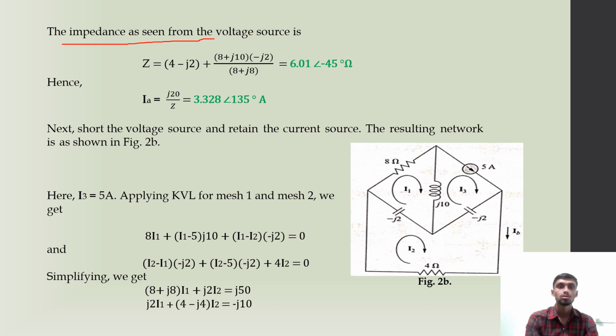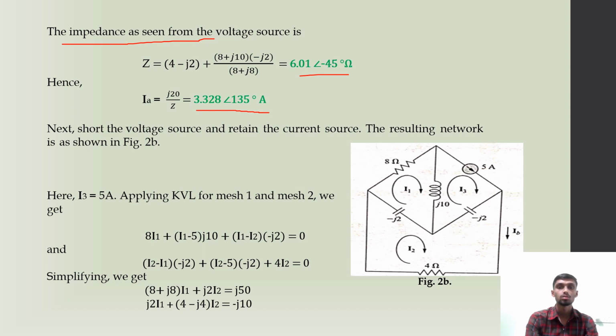Impedance is equal to 4 minus j2 plus the total resistance connected in parallel, and the total impedance is 6.01 angle of minus 45 degree ohm. The current is the voltage j20 divided by the impedance Z, and the obtained current IA is 3.328 angle of 135 degree ampere.